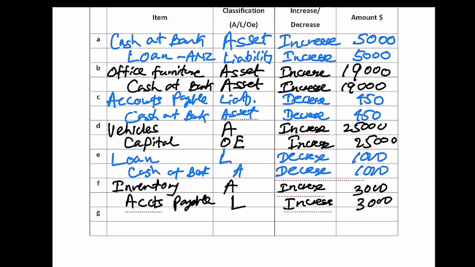Accounts receivable decreases, right? Cash at bank increases, asset increase, 800, and accounts receivable, sorry my bad.